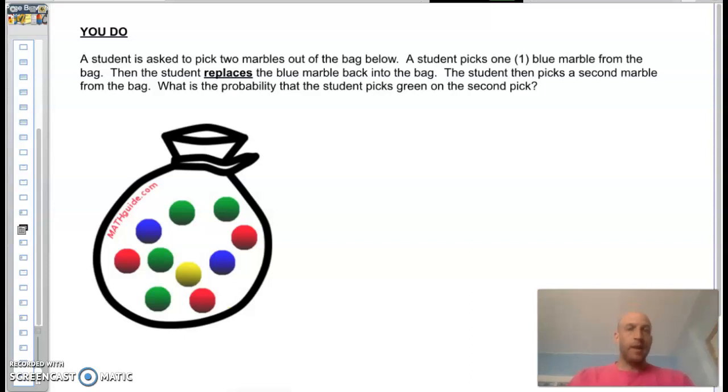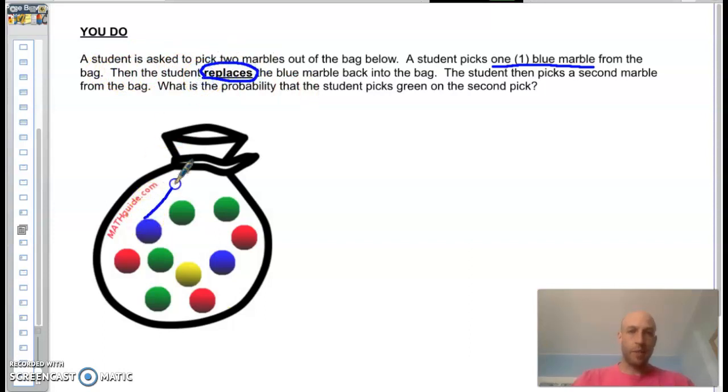All right. This question says, a student is asked to pick 2 marbles out of the bag. The student picks 1 blue marble. Okay, student picks 1 blue marble from the bag. Then the student replaces the blue marble.